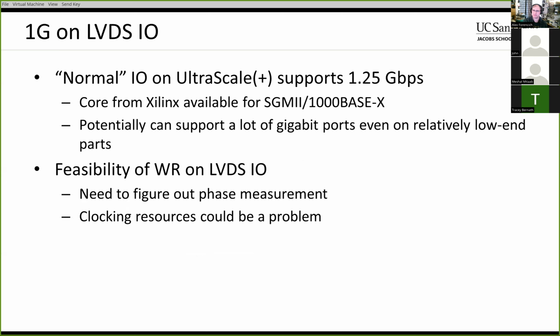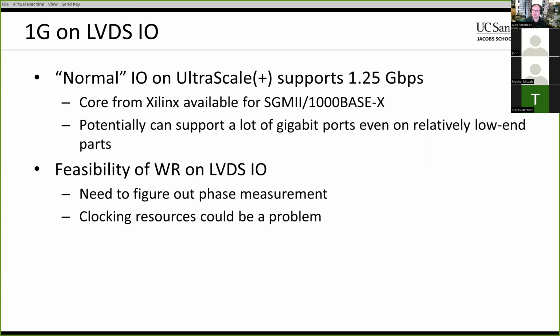There's a core available from Xilinx for SGMII and 1000 base X that uses the LVDS I/O. But the question is, okay, can we do White Rabbit on the LVDS I/O? Right? Because White Rabbit is not just about sending and receiving data, it's about figuring out this timing with very high precision. And this is where things get a little bit more murky at this point. But I think there's potentially a couple of different options.